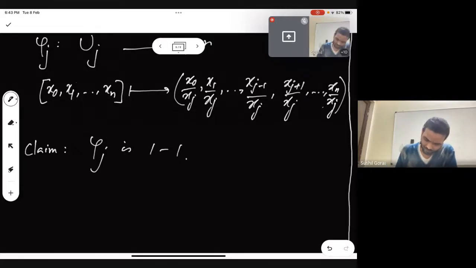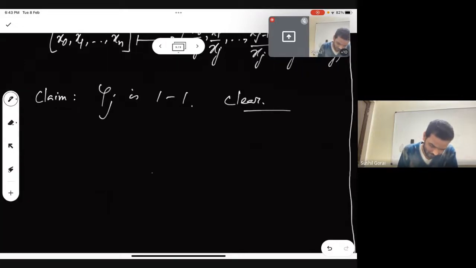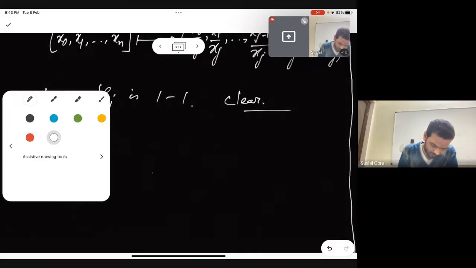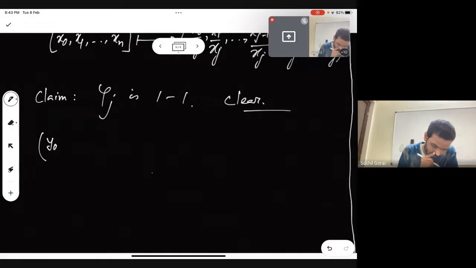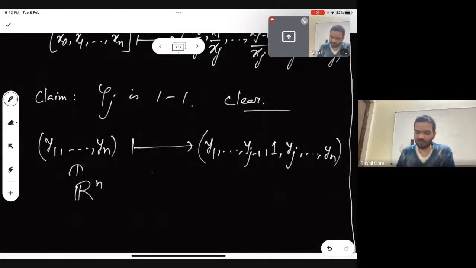The point is, what you are saying is the following: (y1, y2, ..., yn) in R^n maps to (y1, ..., y_{j-1}, 1, yj, ..., yn), and now we take the equivalence class instead.